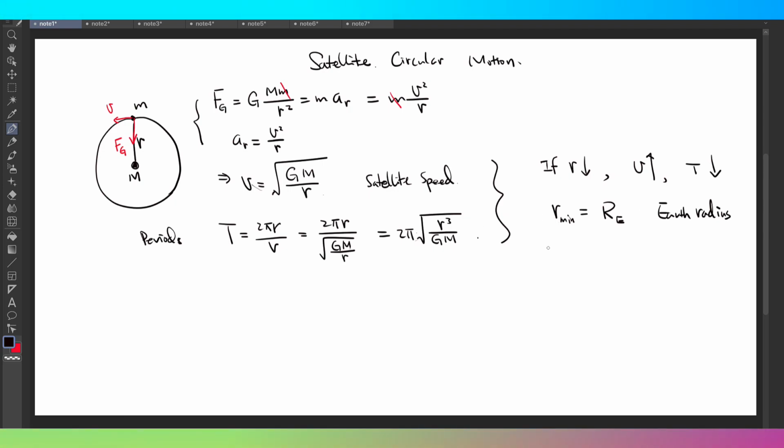And then we can calculate the minimum period, which is given by 2 pi square root of r_E cubed over G M. Okay, and if you plug in the Earth mass and the Earth radius in this equation, then you should be able to calculate T minimum. I think it's around 40 minutes.